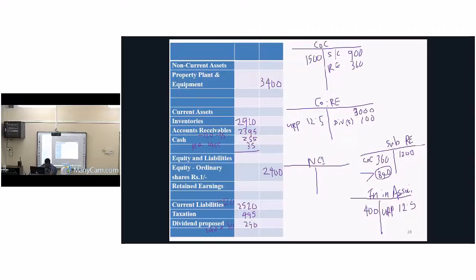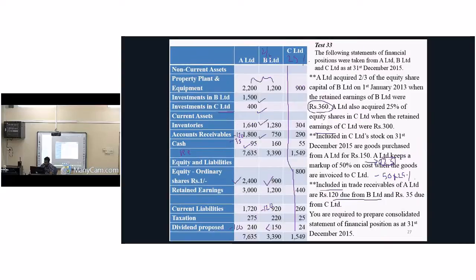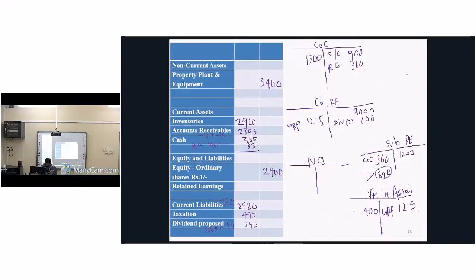Out of 840, what is acquisition percentage? 2/3. 840 divided by 3 into 2, 560. 560 we charge to this from retained earnings, and balance to NCI, 280. Here 280 we charge from retained earnings.